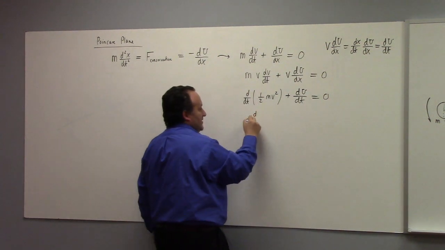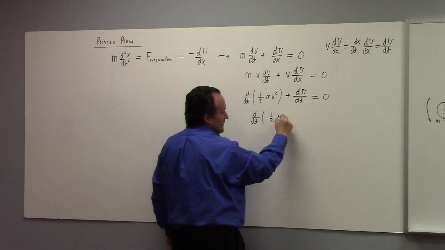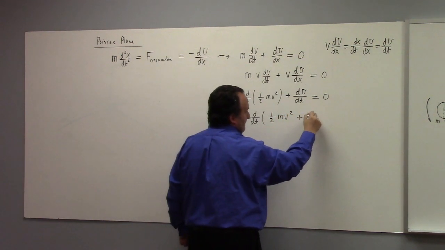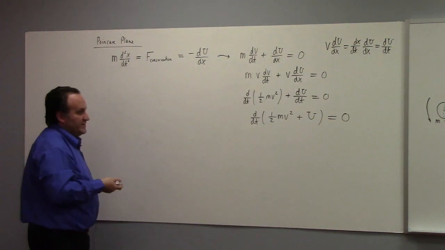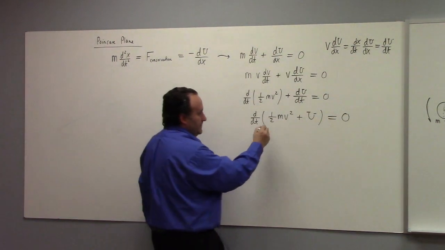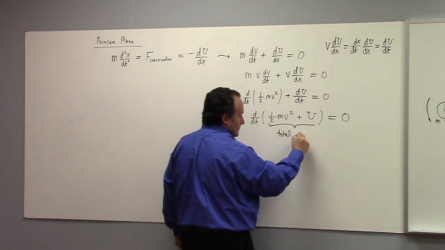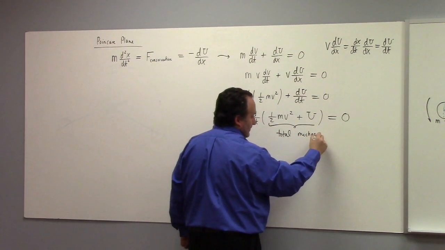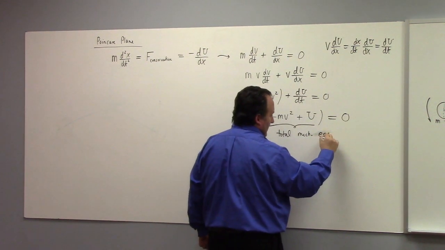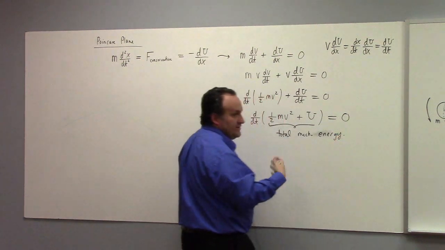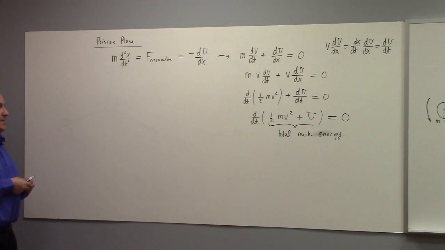I'm not telling you anything terribly new. You already knew this. If the net force is conservative, what's conserved? Well, the energy, right? So this is total mechanical energy. We're talking one dimension, right? There's no rotational motion going on here. It's just a one-dimensional system.